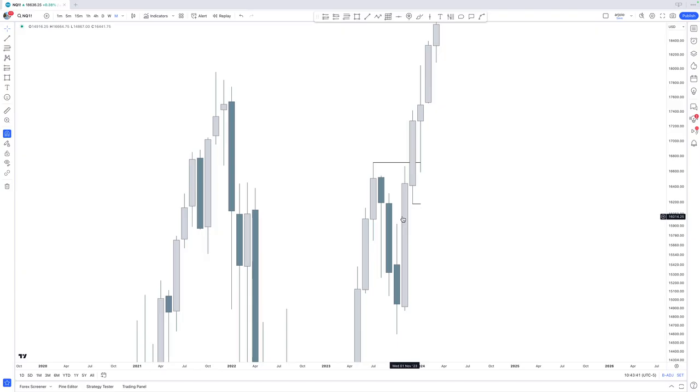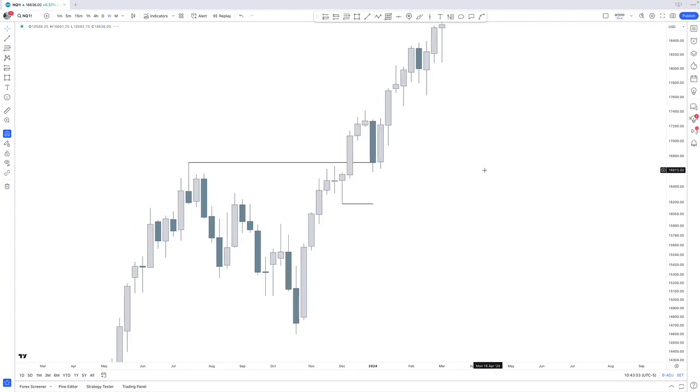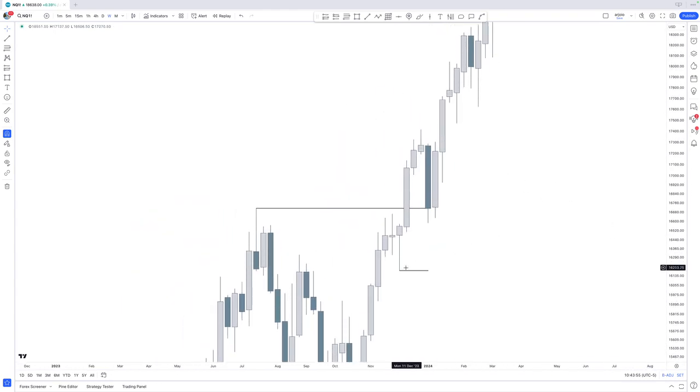So understanding if we do retrace into that fair value gap is already important. Now, that is quite advanced, so we're going to dive deeper into that later on in part 2. But right here on the weekly, this is the most recent order flow leg. So whenever we are looking at price to continue higher or lower, we are always looking at the most recent order flow legs.